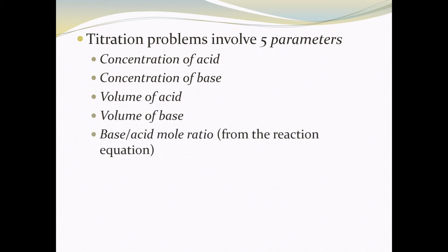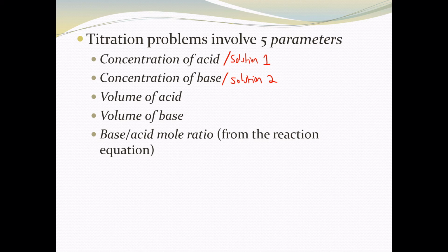And then finally, you'll need the acid-base mole ratio you get from the neutralization reaction. More generally, this would be concentration of solution 1 and concentration of solution 2. Titration involves 2 solutions, but we're going to focus on acids and bases for now.